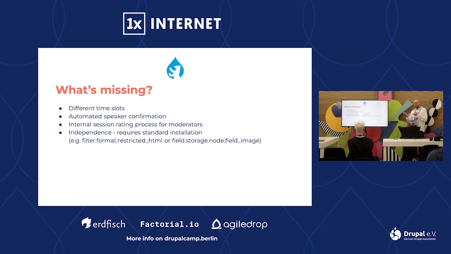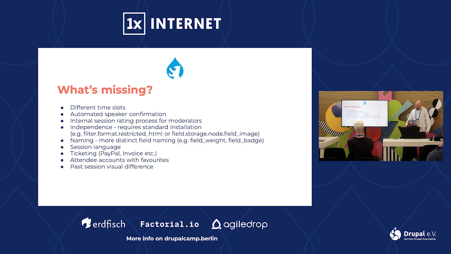We at 1x Internet have our own distribution profile, and then we put this event platform module on top. But this event platform module actually requires that you have a standard profile installed. It requires that the restricted HTML text format is there already, or that the image field is there already, which comes with the standard installation when you have articles.